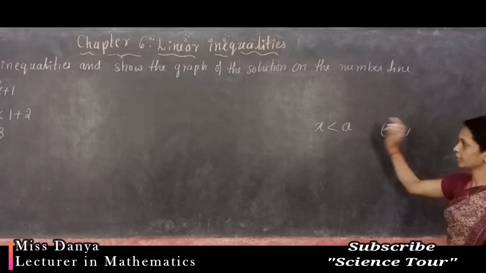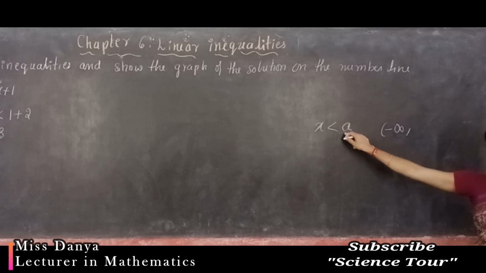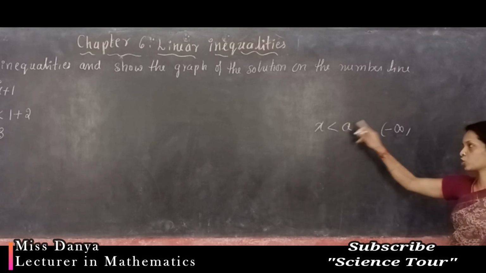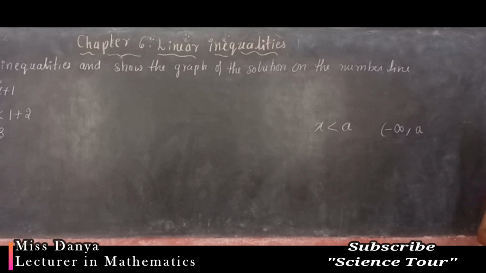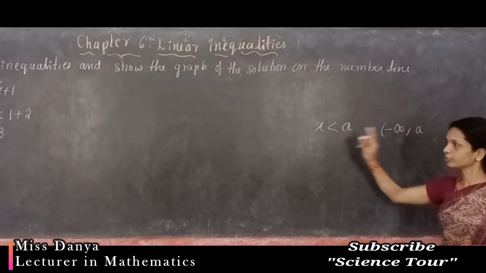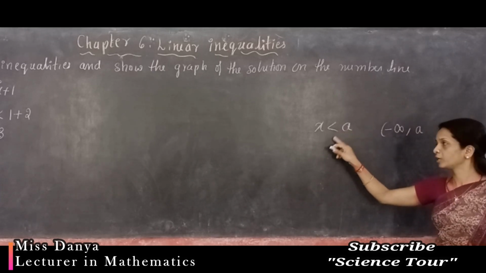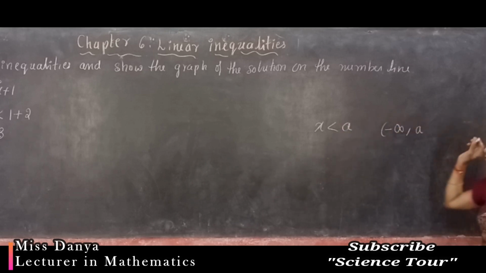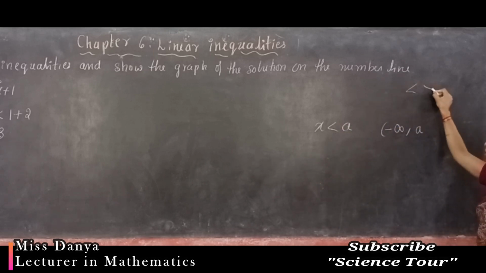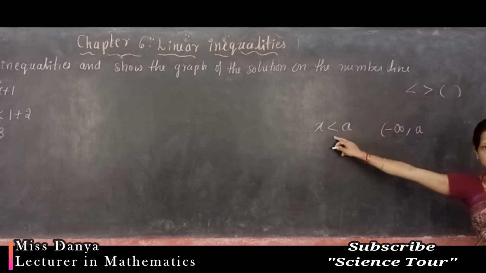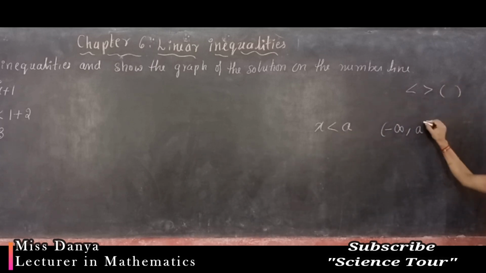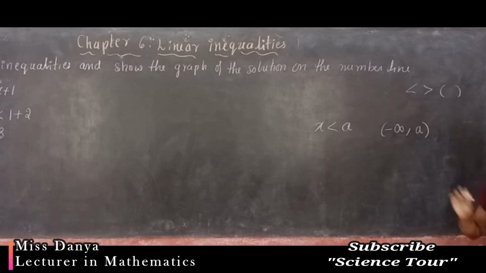The second number will be the number you got at the end of simplification, which you write as the second number in the interval. And which bracket you have to use on the a side, to check that you have to see the inequality symbol. If you have a strict symbol, less than or greater than, you have to use an open bracket. Now you have the strict symbol less than a, so an open bracket you have to use on the a side.